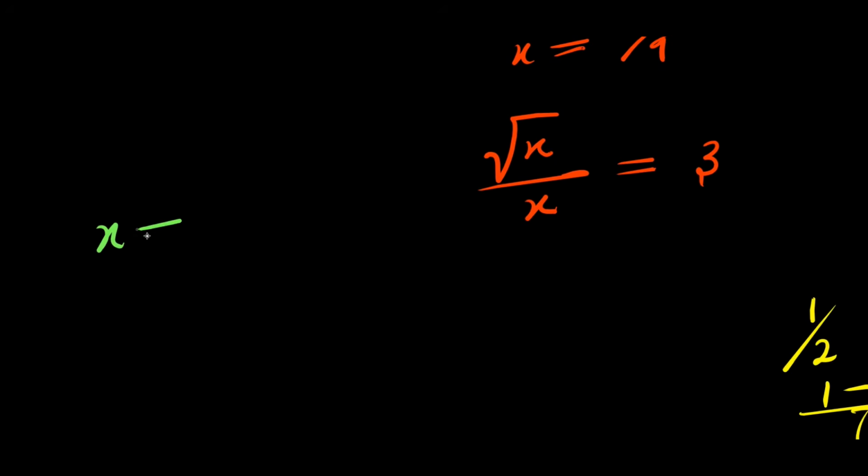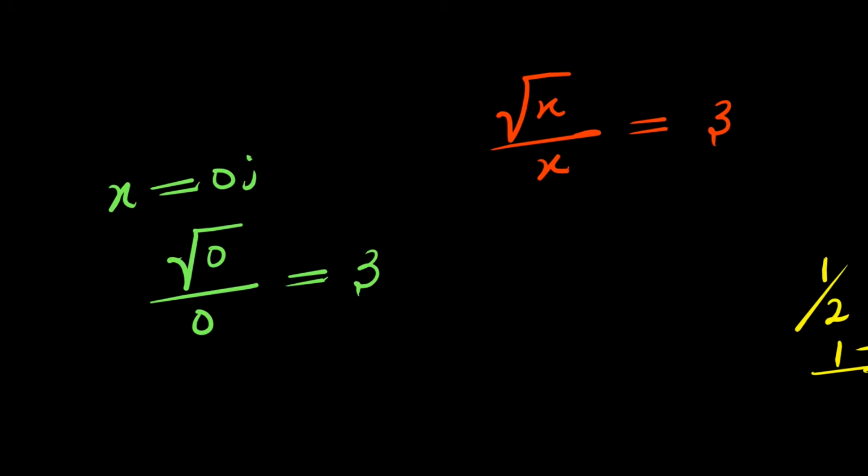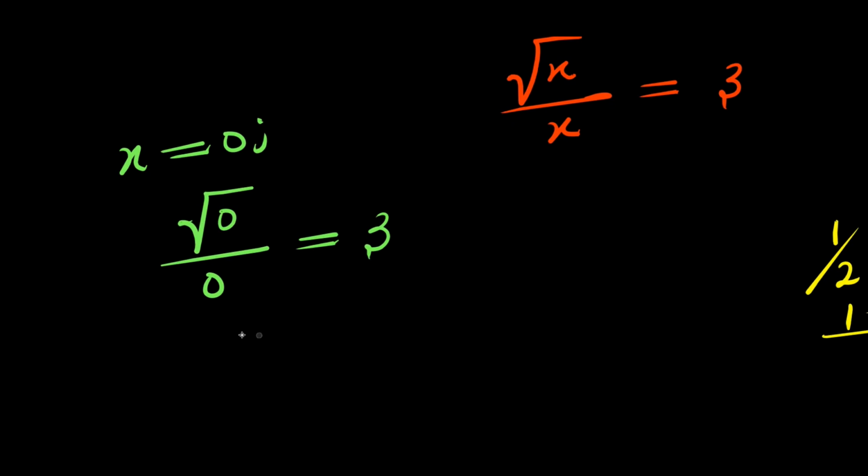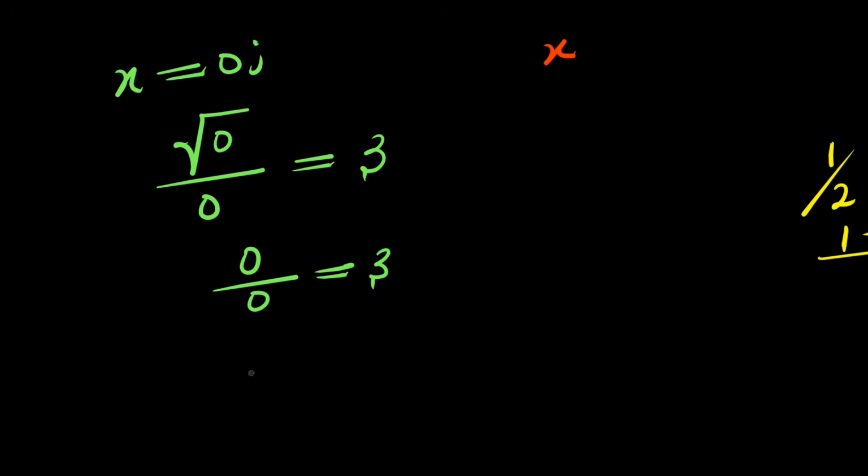We start with when x equals 0, have square root of 0 divided by 0 equals 3. Now square root of 0 is 0. I have 0 divided by 0 equals 3, and 0 divided by 0 is indeterminate or undefined, and this is not 3.